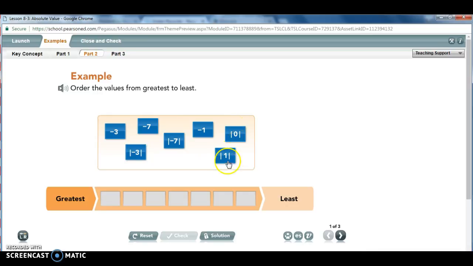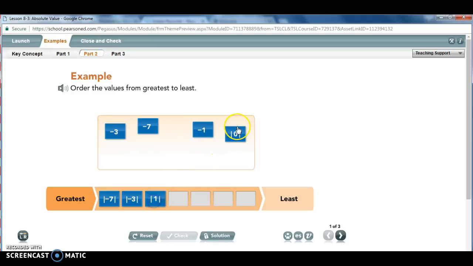So I know that these are going to be my greater numbers because these numbers, -1, -7, -3, are negative numbers and they will stay negative numbers. So the absolute value of -7, which is 7, is the greatest number that I have. The next one is the absolute value of -3, then the absolute value of 1, then the absolute value of 0.